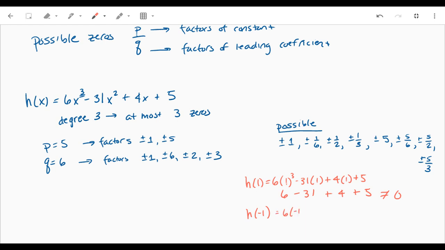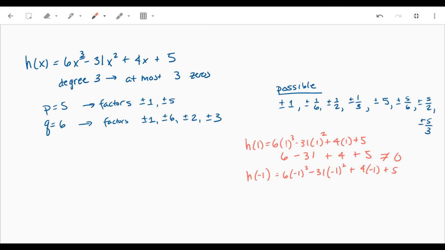And I'll have 6 times negative 1 cubed minus 31, this should be squared here, times negative 1 squared plus 4 times negative 1 plus 5. I'm going to get negative 6 minus 31 minus 4 plus 5. And again, I can tell that's not 0. So I've eliminated 1.